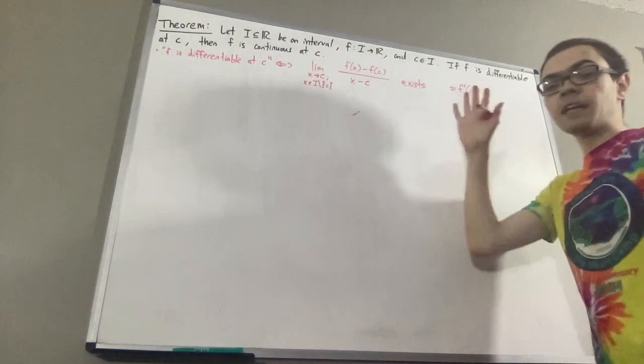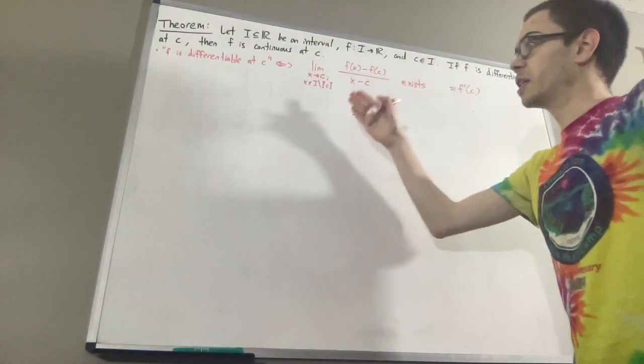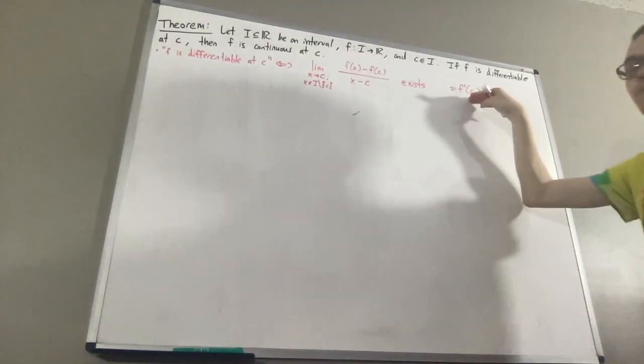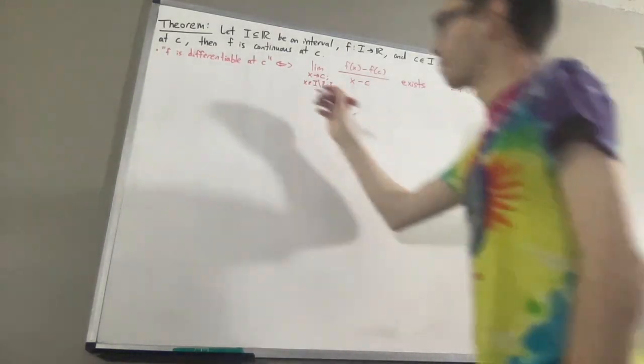Now, from the definition of the limit of a function, to say the limit of this function at c is equal to f prime of c means the following.